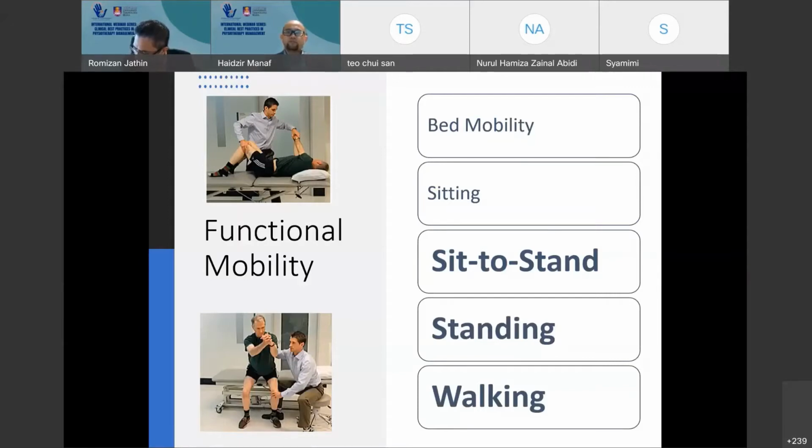The first one will be bed mobility, which consists of supine to side lying activity, supine to sitting activity, and we progress to sitting, improve the sitting balance performance, later on progress to sit to stand activity, improve the standing balance, and proceed to walking activities. For the purpose of this presentation, I will focus on 3 tasks related to community ambulation, which are sit to stand, standing balance, and walking.